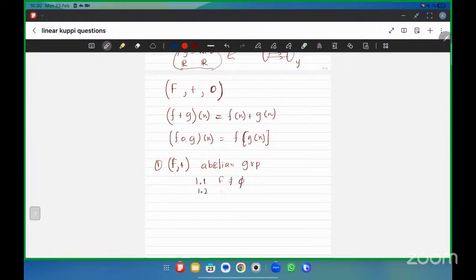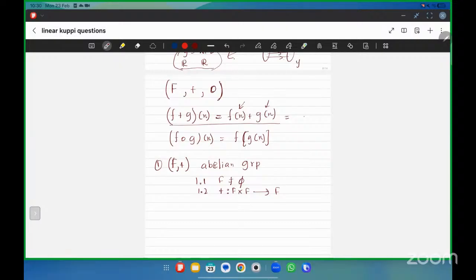And when we perform the operation inside the set of f, we get the output also in f. So when we perform the addition f plus g, f is a real valued bijective function and g is also a real valued bijective function. So we get the output as real values. When we add two real values, we also get a real value.